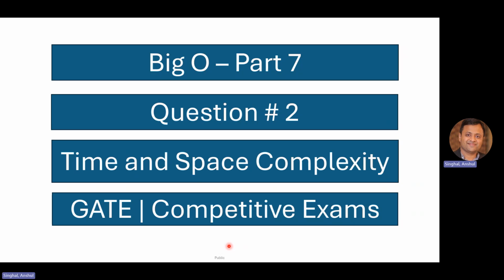And then we went through time and space complexity, where we learned that these are two parallel concepts. One is for the runtime and the other is for the memory, or how much space will be used by the program, right?